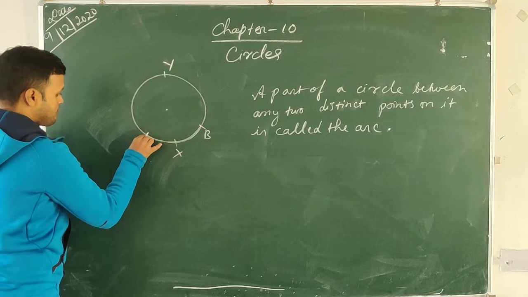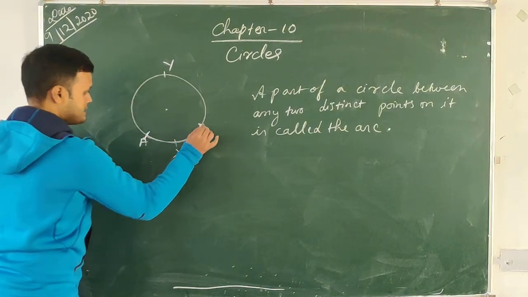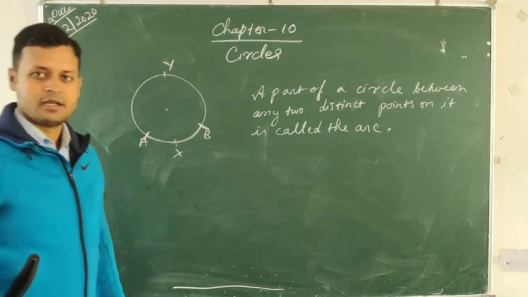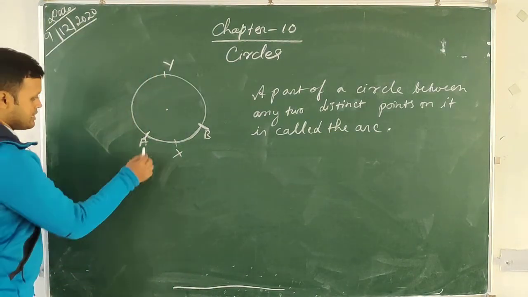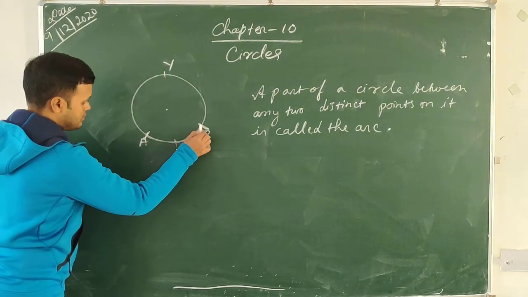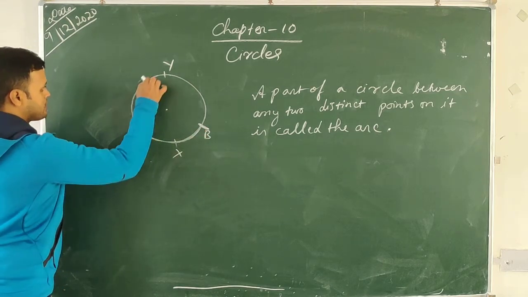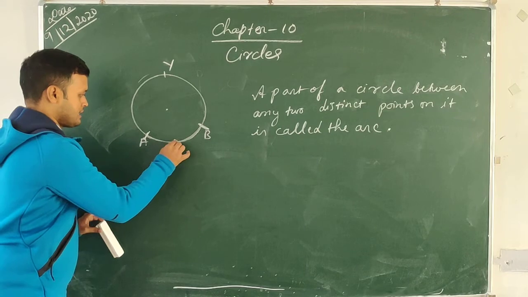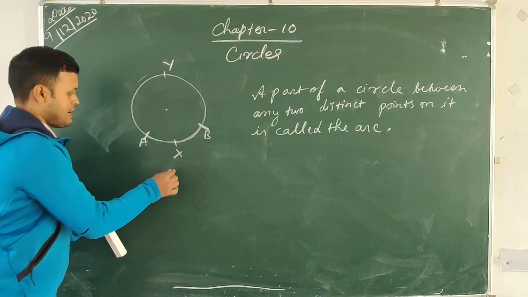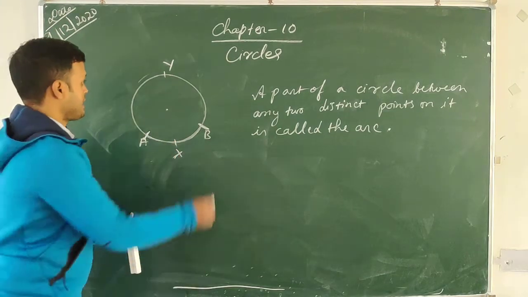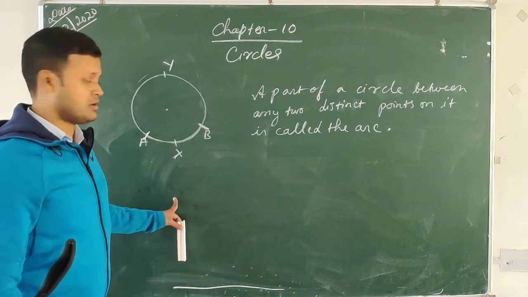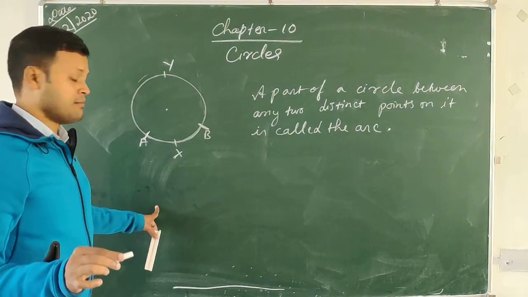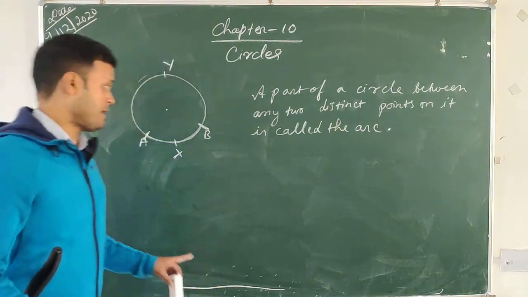Suppose one point A is there, another point B is there. Between the points A and B, students, you see this part will be called one arc, and this part also will be called one more arc. Now why have I marked these points X and Y? I have marked the point X here and the point Y here to make you understand better about minor arc and major arc.